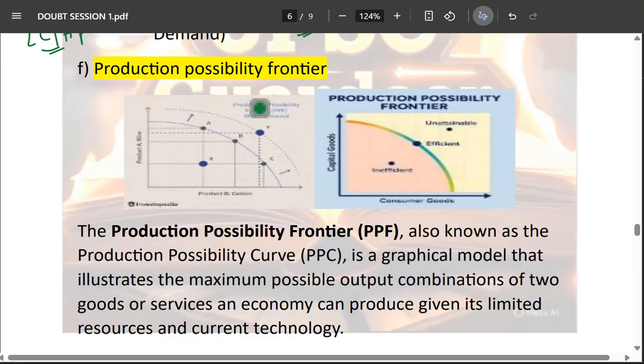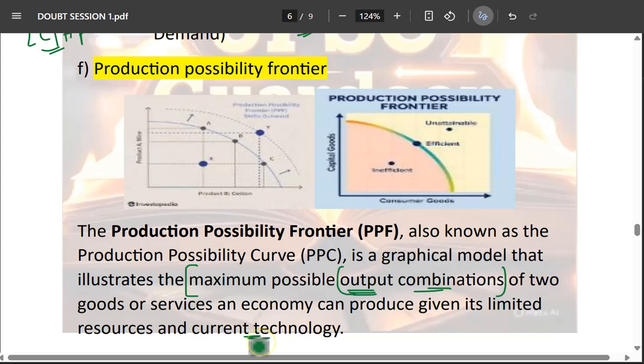Okay, so the production possibility curve, also known as the production possibility frontier, is a graphical model that illustrates, listen from here, the maximum possible output combinations of two or more goods or services an economy can produce given limited resources and current technology.